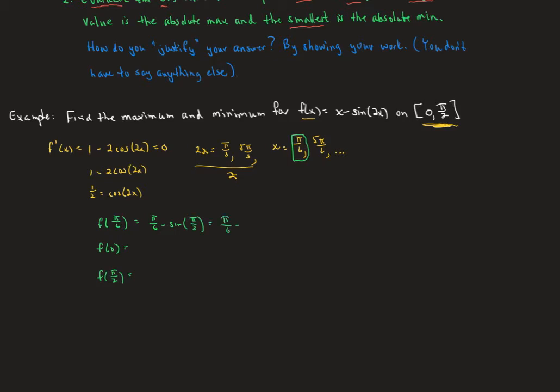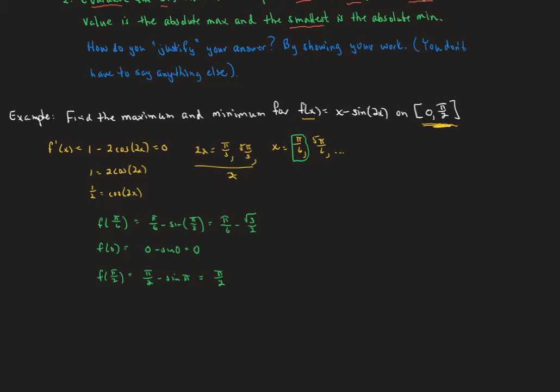So that's going to be pi over 6 minus, and the sine of pi over 3 is the square root of 3 over 2. Let's come back to that. Kind of hard to tell exactly what that is. F of 0 is going to be 0 minus the sine of 0, which is just 0. F of pi over 2 is going to be pi over 2 minus the sine of 2 times pi over 2, which is pi. Sine of pi is 0, so that's going to be pi over 2.